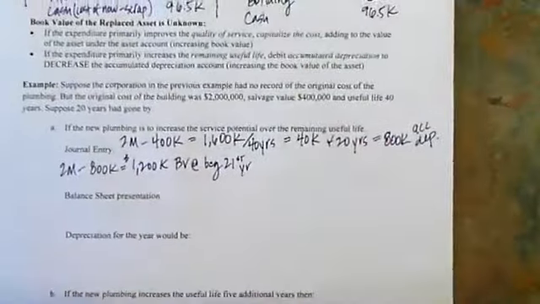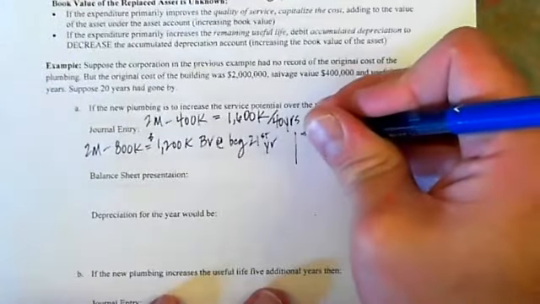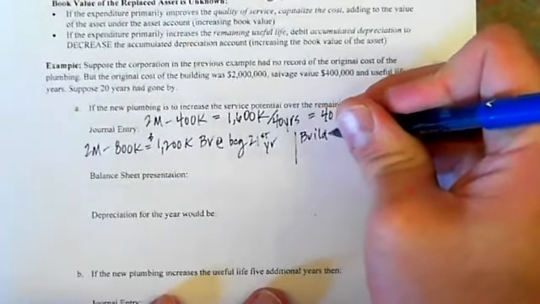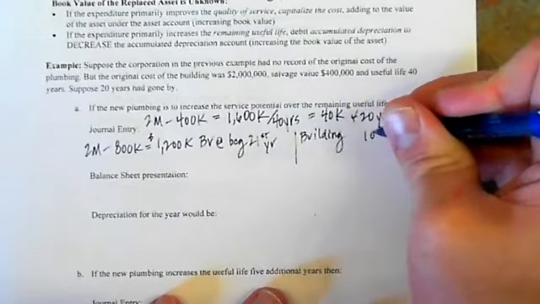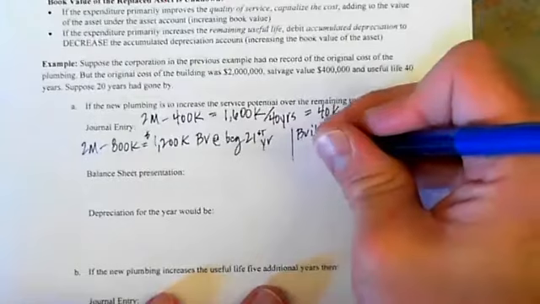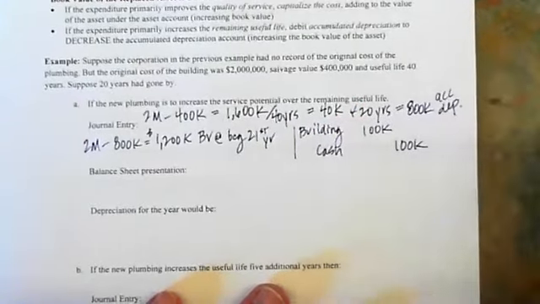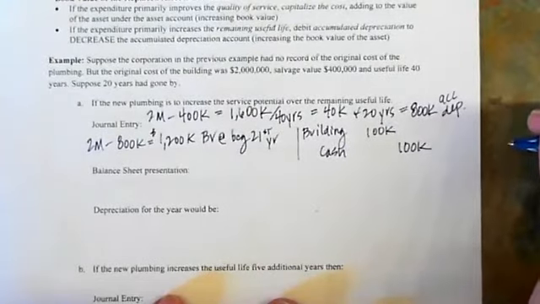Now, if I spend money and it increases the service potential of the building, then I want to debit that directly to the building account. I don't know the cost of what I'm replacing or its accumulated depreciation, so this is the best I can do, right? Add $100,000 to the building.